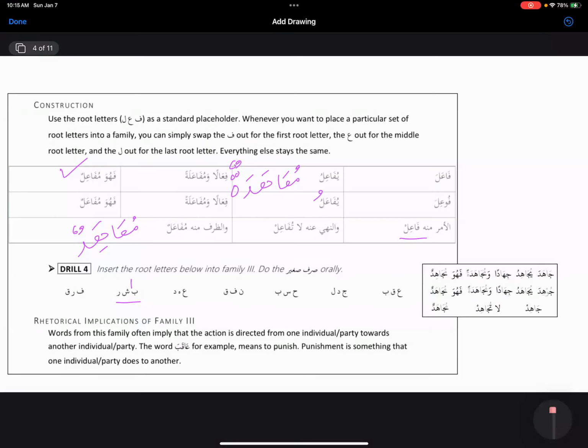Very good. Fariq, la tufariq, zarfu minhu mufaraqun.